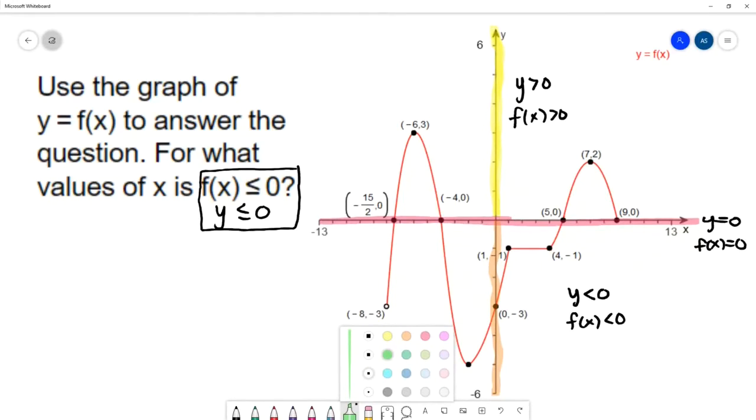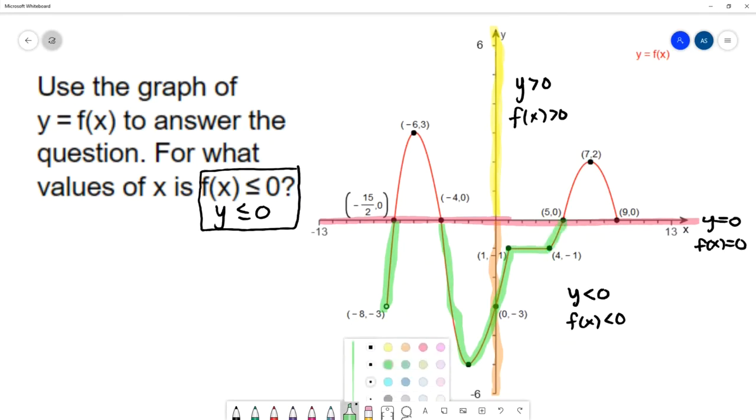I'm going to highlight all of the pieces of the graph that are below the x-axis. And then I want to highlight all of the pieces of the graph that are on the x-axis. And these are all of the x values that we want to include in our answer.